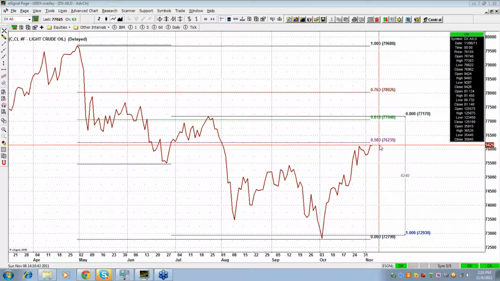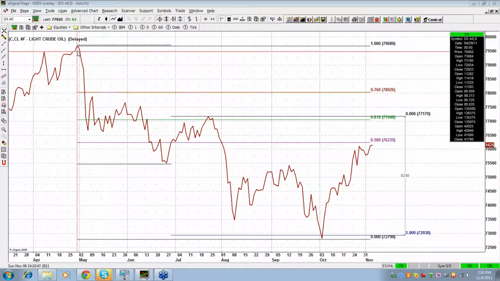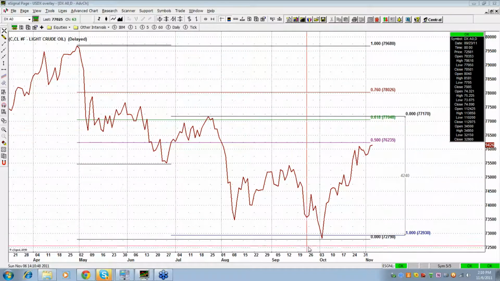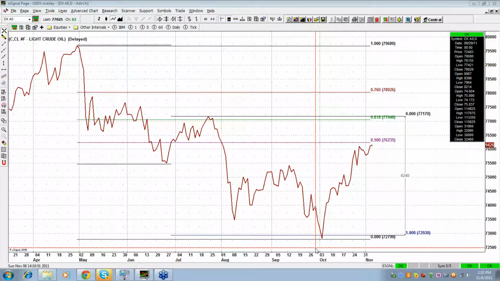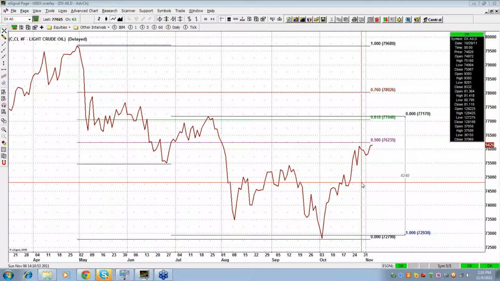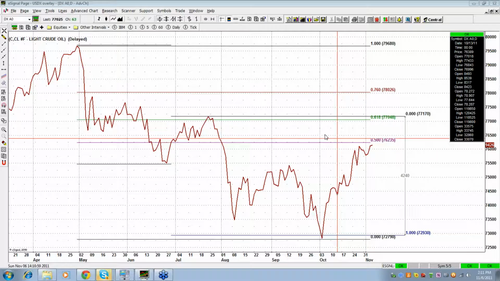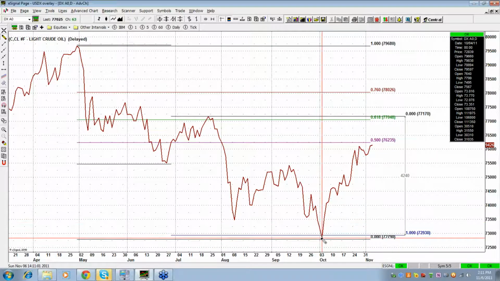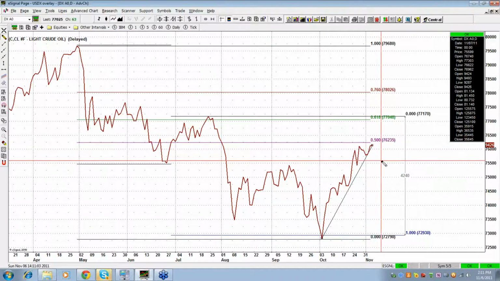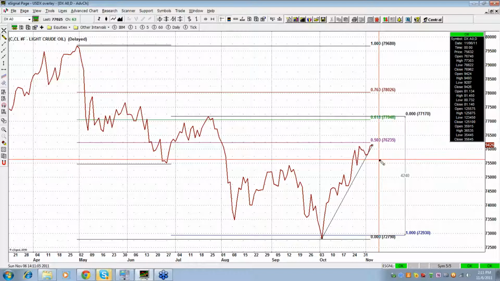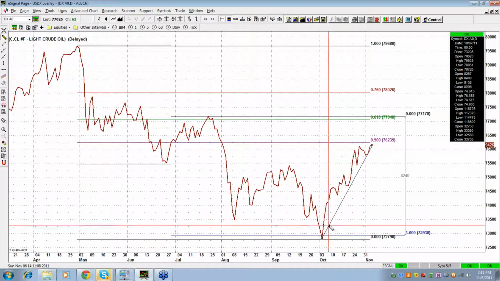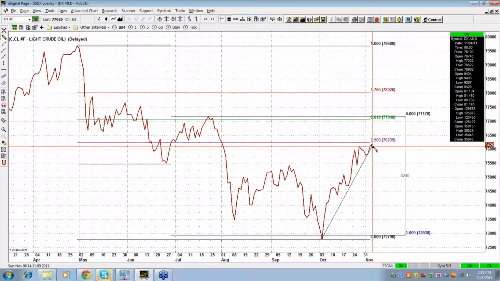That level around the 94.50 area is the 50% retracement of this whole move from the top, making the case that oil is only doing a three-wave move.